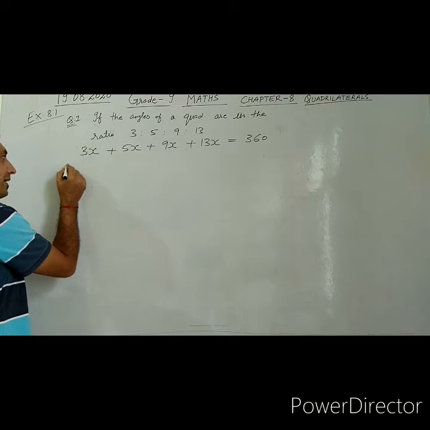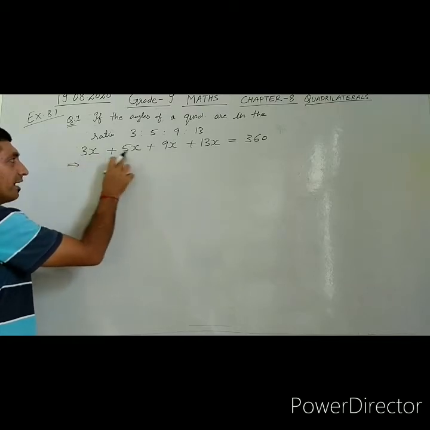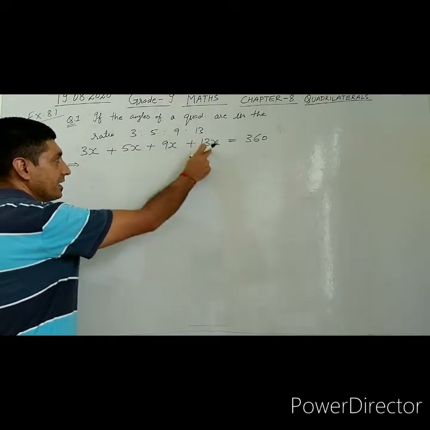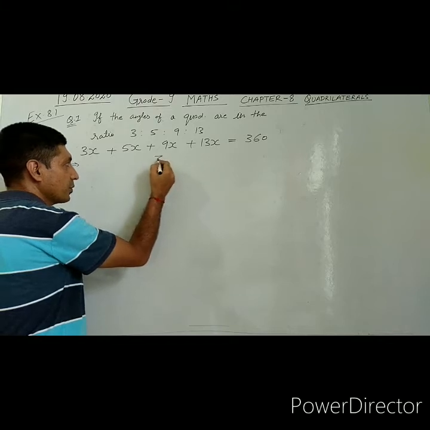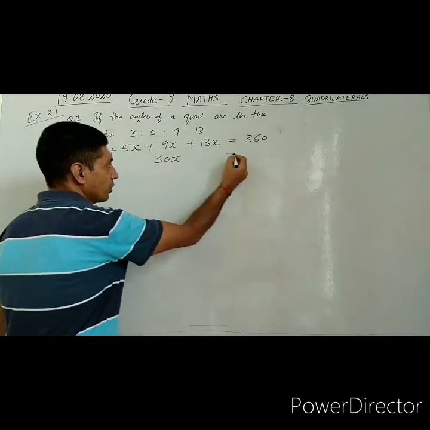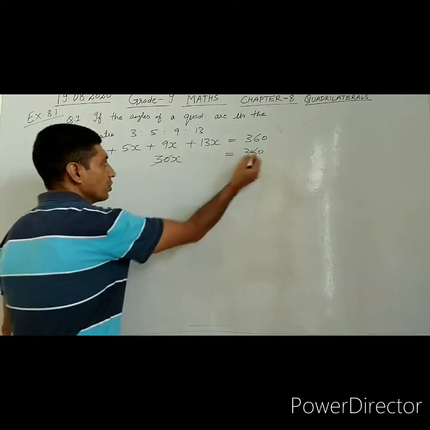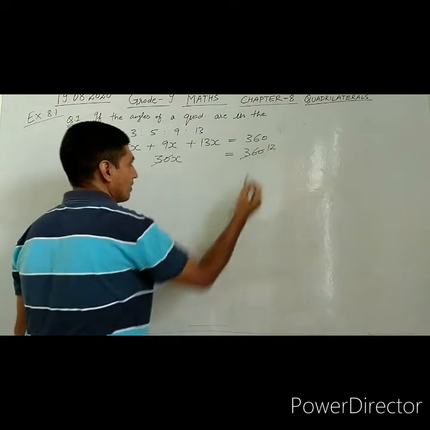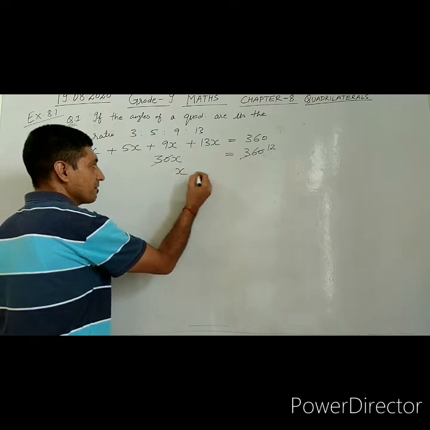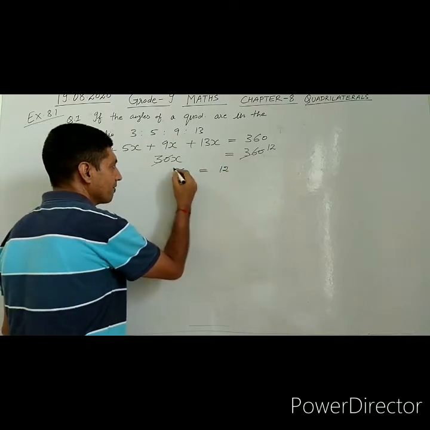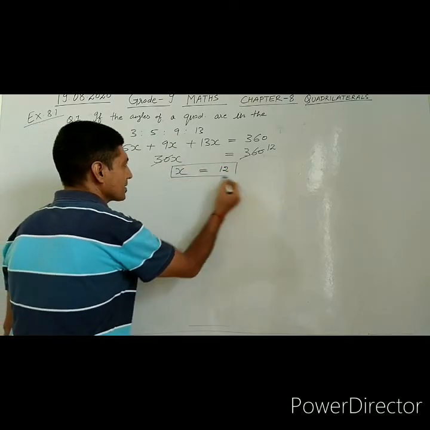So this implies that we have 8, 17 and 13, that is 30x is equal to 360, and here 0 with 0. So what is x? x is 12.